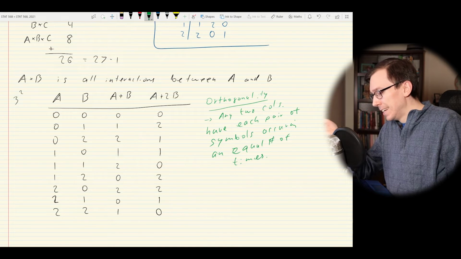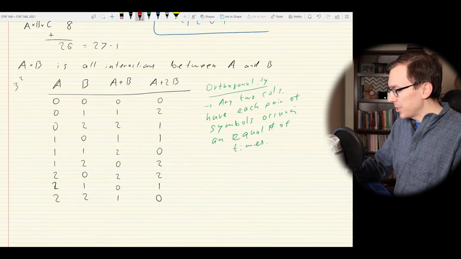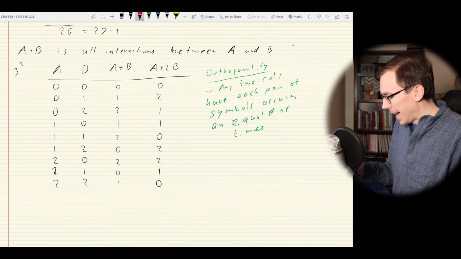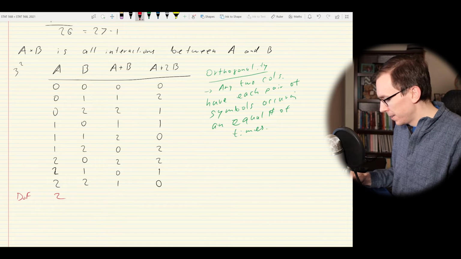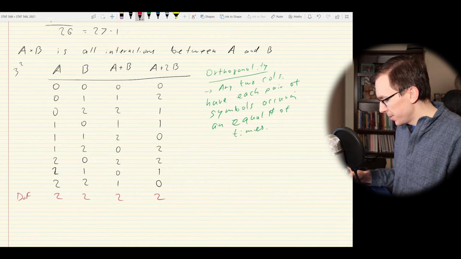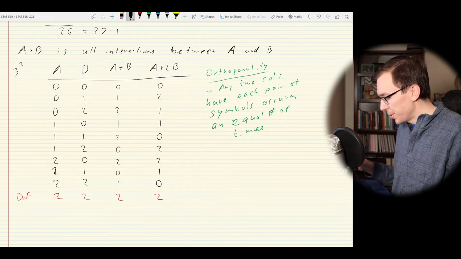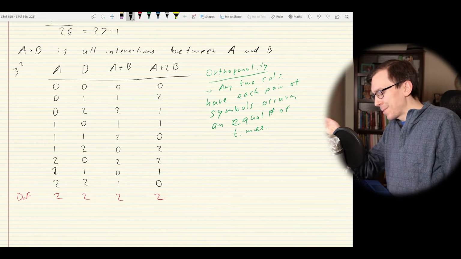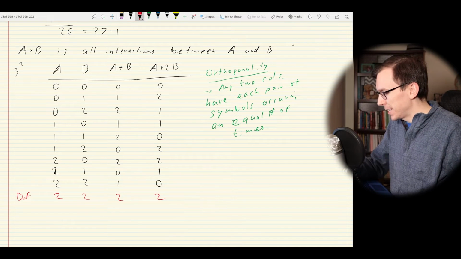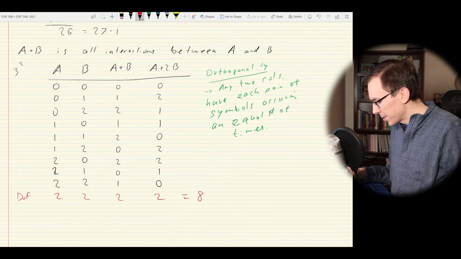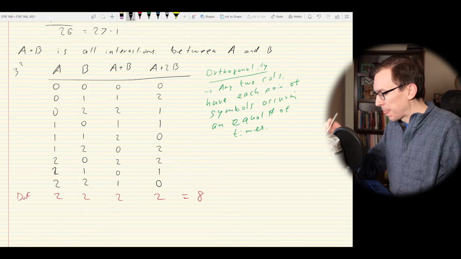Anyway, the idea is that this is what our 3 to the 2 design would look like. 9 elements, 4 columns. Each of these columns would have degrees of freedom 2, 2, 2, and 2. Not to be confused with the 2's for the symbols, right? Each of them is going to have 2 degrees of freedom, which is going to get me my 8 in total, which is what I should have.